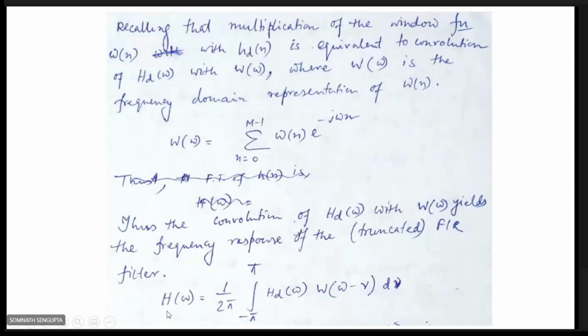It will give you the frequency response H(omega), given by 1 by 2 pi, integral from minus pi to pi, Hd(nu) W(omega minus nu) d nu. This is the formula for convolution.